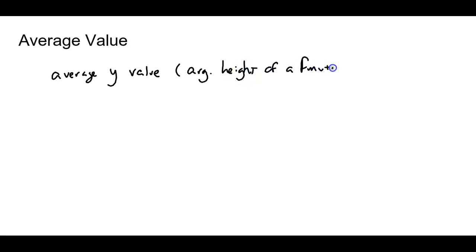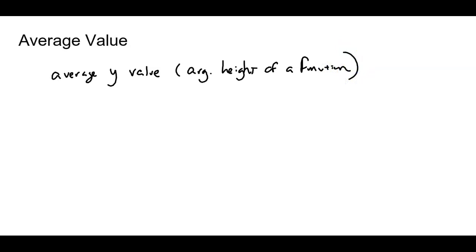The average value of a function is found by adding together all the y values. Actually, we should say this. It's the average y value or height of a function. And we know how to find averages.